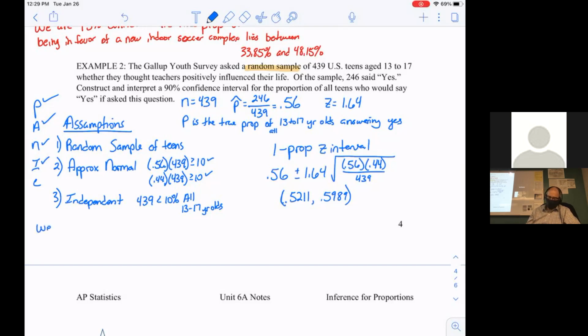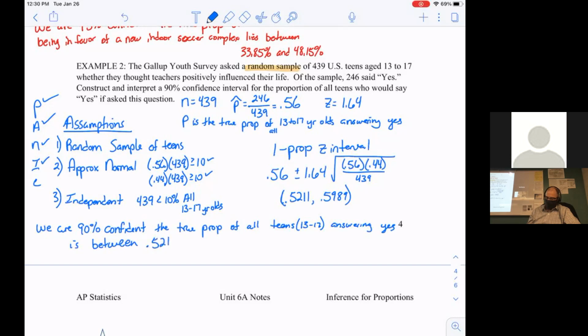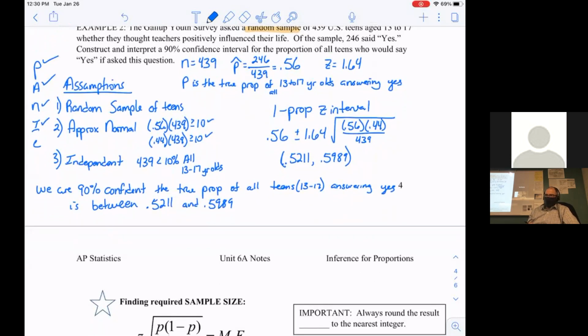We are 90% confident the true proportion of all teens is between 0.5211 and 0.5989.